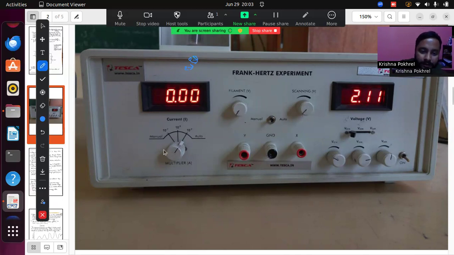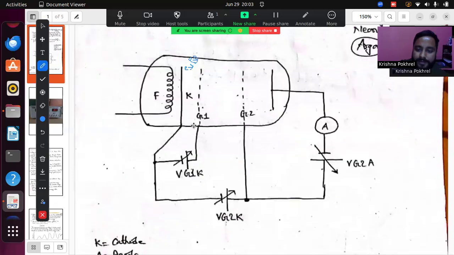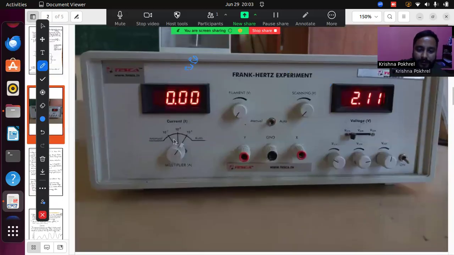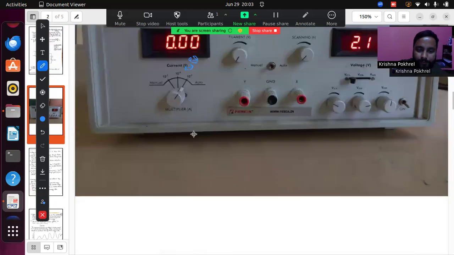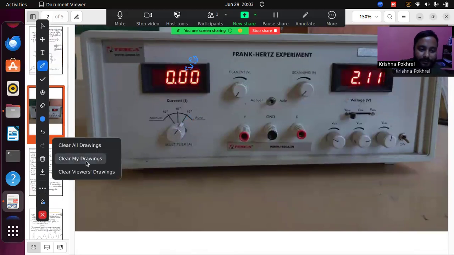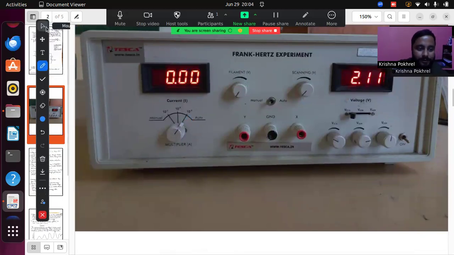We can see here the minimum current will be measured by this ammeter. The unit for current is 10 to the power minus 9 ampere. Current is never volt, it will be ampere.